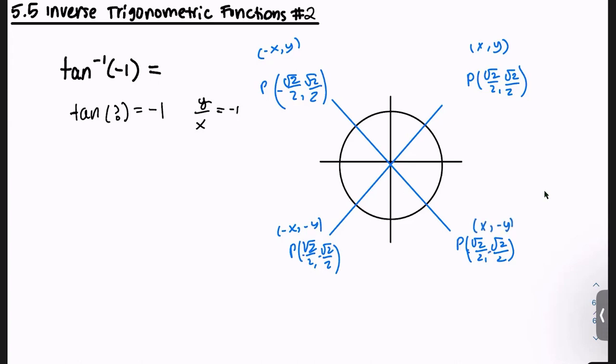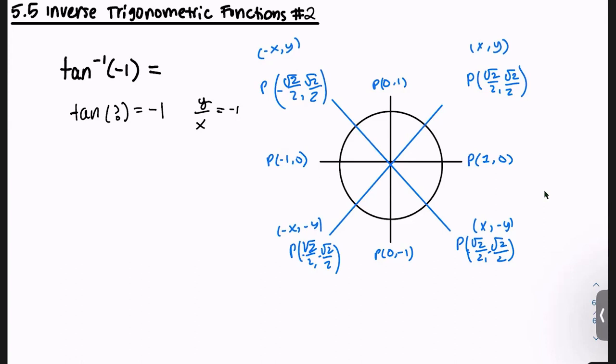So I know those points, and I also know a few other points, such as (0, 1), (-1, 0), (1, 0), and (0, -1).